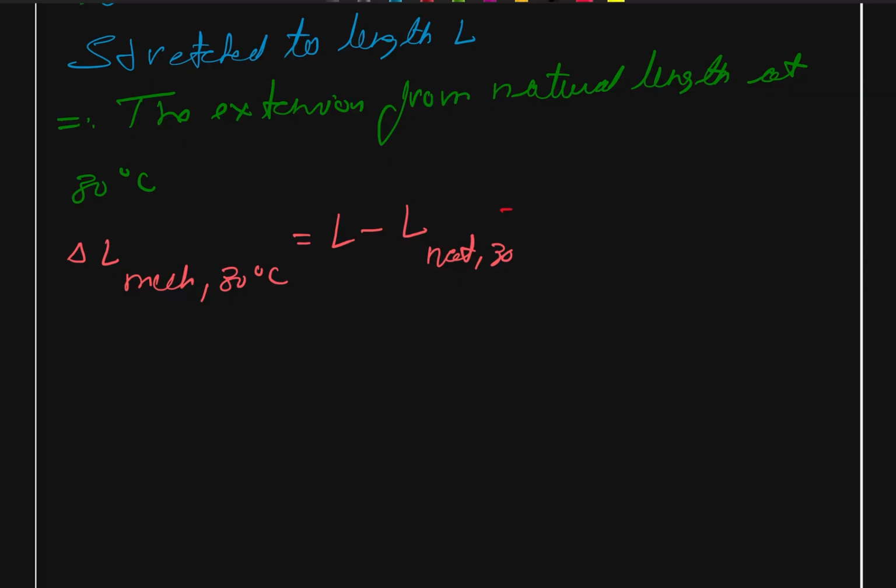We get L minus L times 1 minus 10 raised to power minus 4, and obviously this comes as 10 raised to power minus 4 times L.